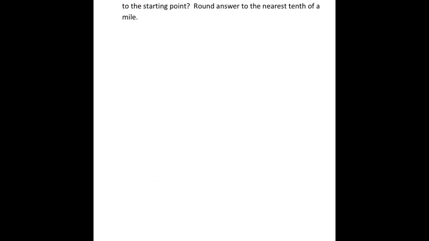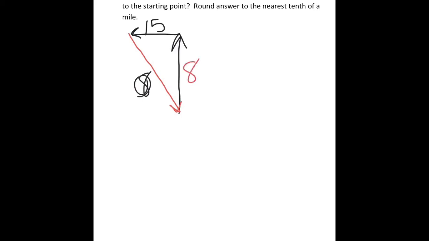All right, a jogger runs 8 miles north and then 15 miles west. What is the shortest distance she must travel to return back to her starting point? So this 8 actually is over here. You can't really tell that from my picture.